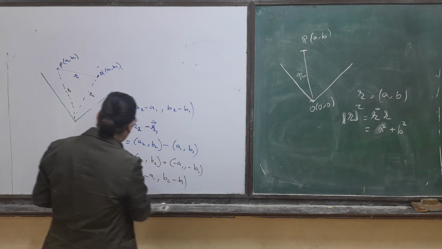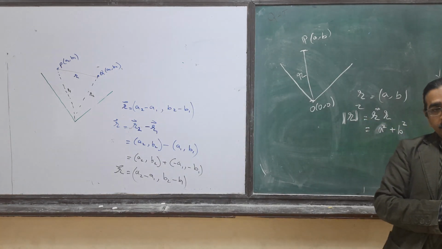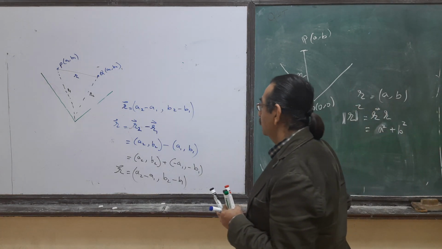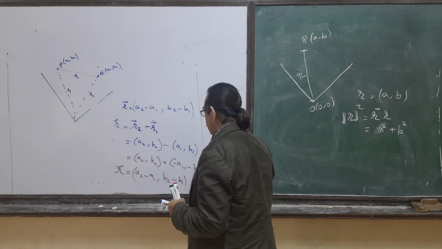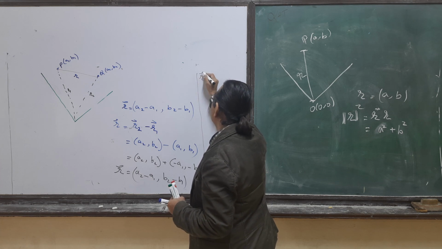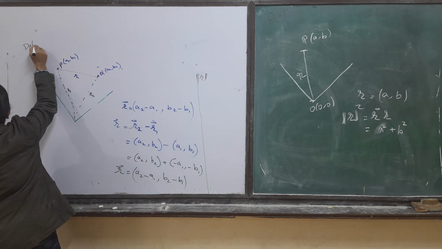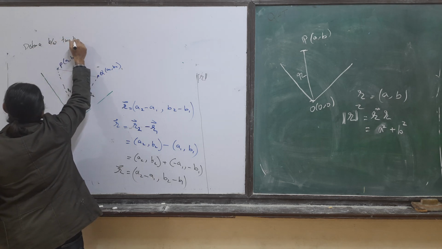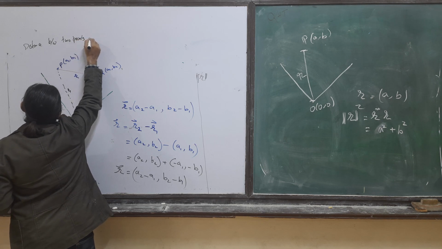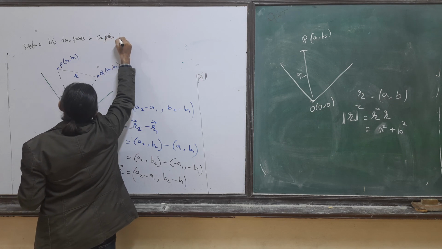This will be the position vector of R with respect to R. And the R magnitude, the length of R, means the distance between 2 points in the complex plane.